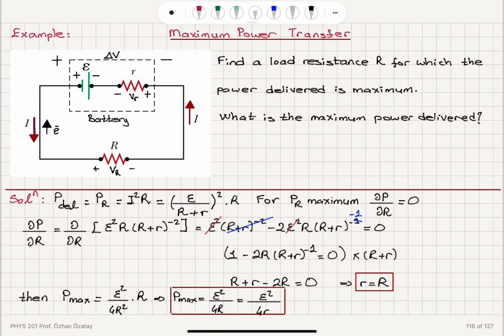So this gives me my final answer. And this result, the fact that the maximum power is delivered to a load whose resistance is equal to the internal resistance of the battery that it is connected to, is basically called the maximum power transfer theorem.